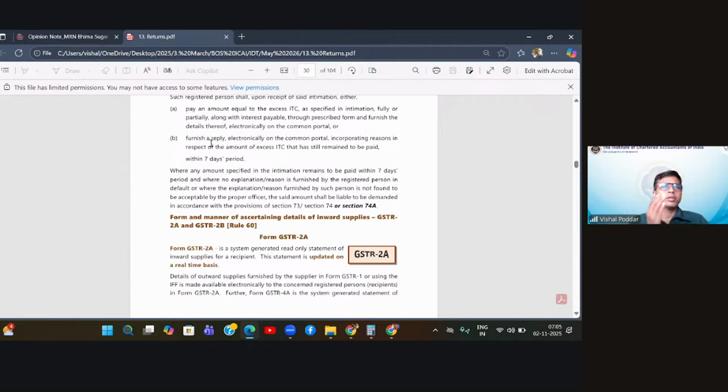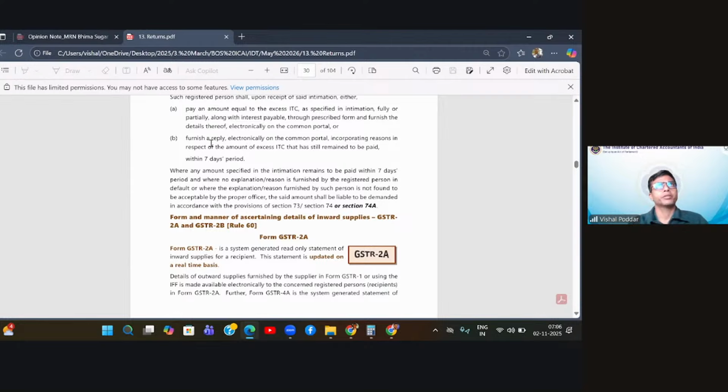Prior to this, this GSTR 2A or 2B was only a functionality of viewing what supplier has done, nothing else. But now, because of this IMS, the recipient has also been empowered to take action on whatever is the reporting by the supplier.